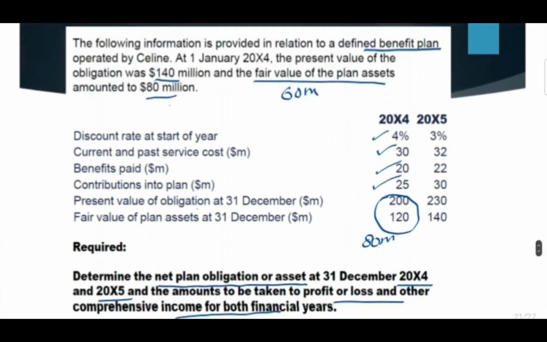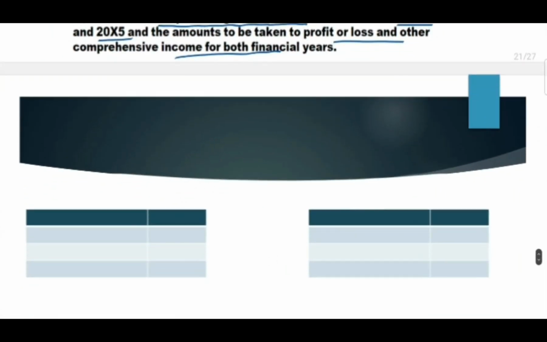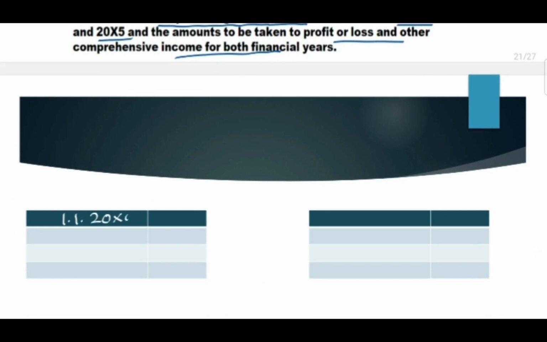At 1st January 20X4, the present value of obligation is 140 and the fair value of plan asset is 80.